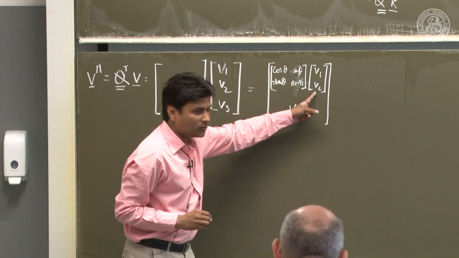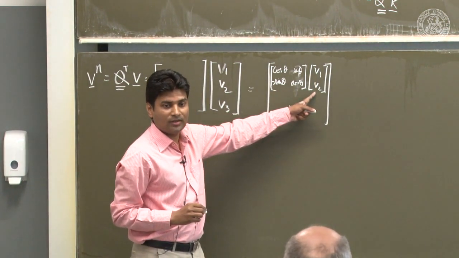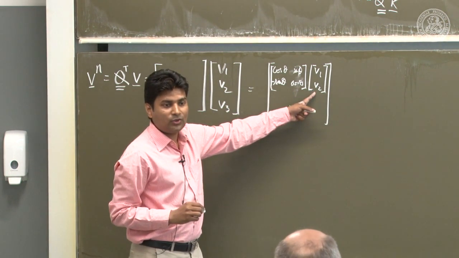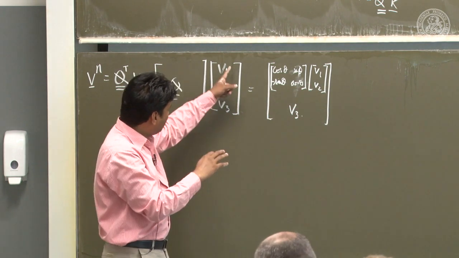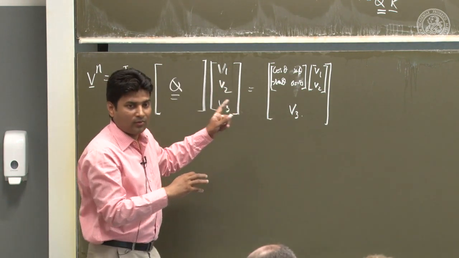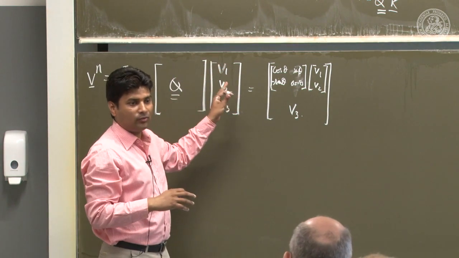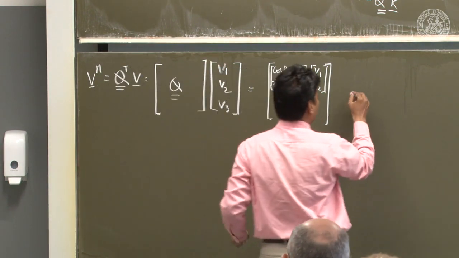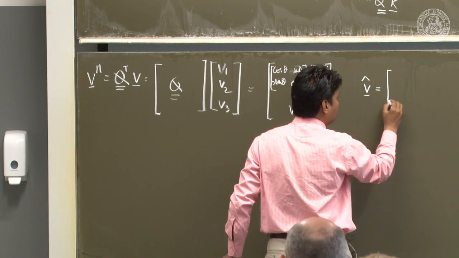And V1, V2 have rotated. So if you think of V1, V2 as a vector, this whole thing was together as a vector, but take a projection of it, just the E1, E2 part of this vector, V1, V2, and call it V tilde or V hat. So say V hat is equal to V1, V2.